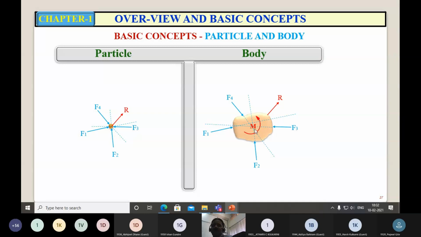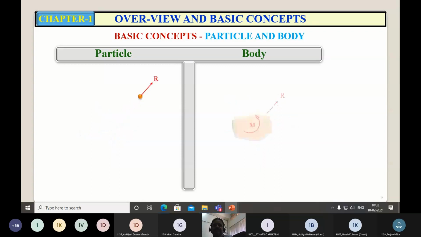This moment is coming into the picture because the lines of action of these forces are not passing through a common point. Is it clear? So what is the effect of this resultant force on the body? To produce translation. The body tends to move in the direction of that resultant force. So here it is having only translation.